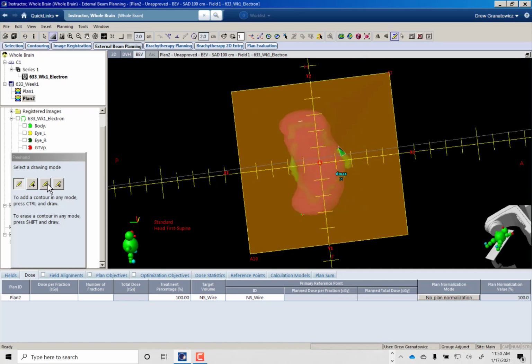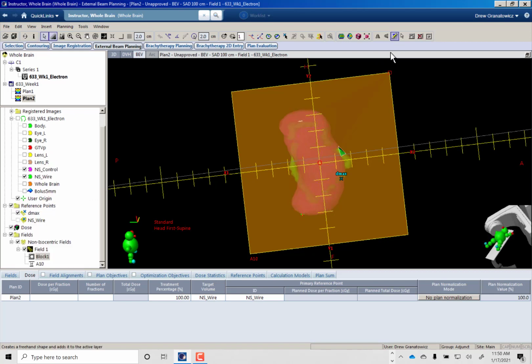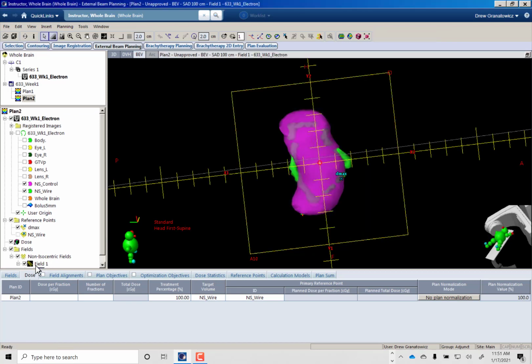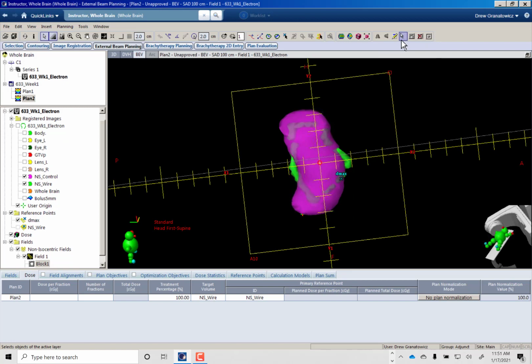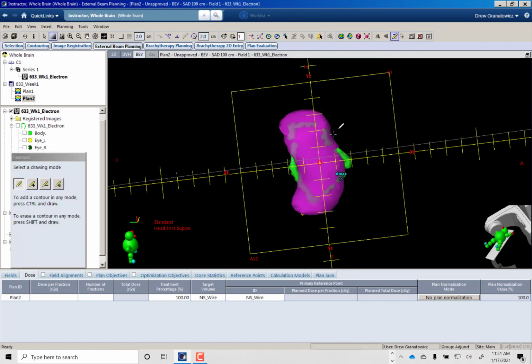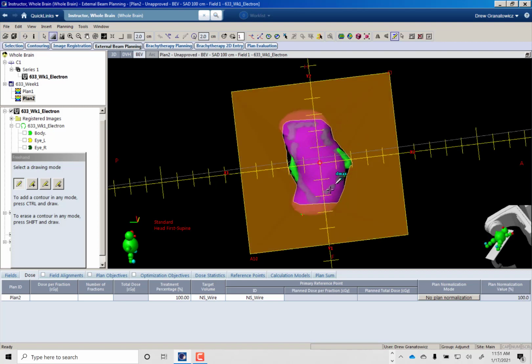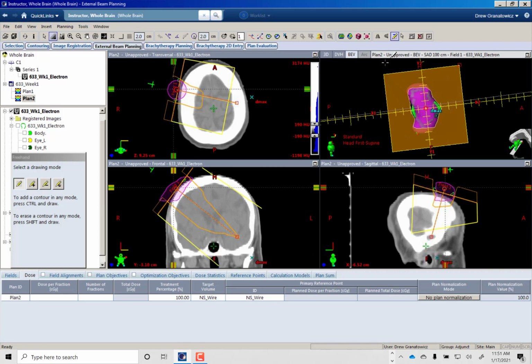Let me just start that over. So something like that. Maybe my field needs to be like that, and that's easily explainable to the physician, and they'll understand. So I'll let you guys take a crack at that.